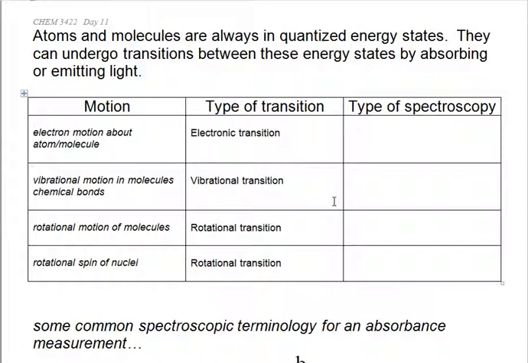You have vibrational motion in the molecule. They call those vibrational transitions. Molecules could rotate, or molecules could spin. Their nuclei could spin. These are just the types of motion that change if you absorb or emit this radiation. That's the interaction of light and matter.